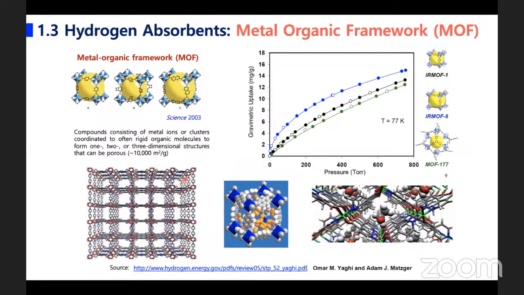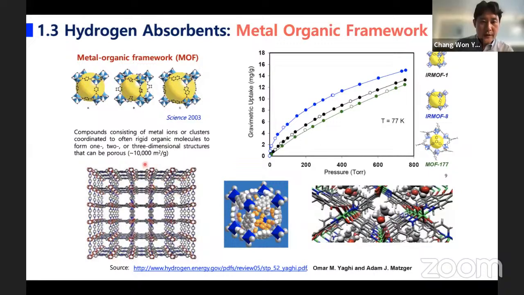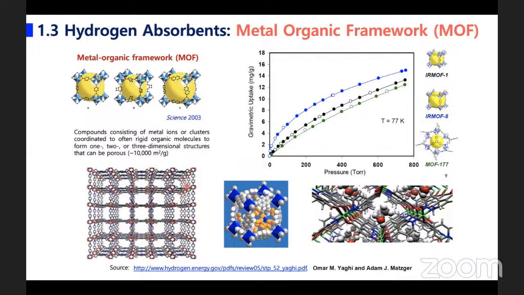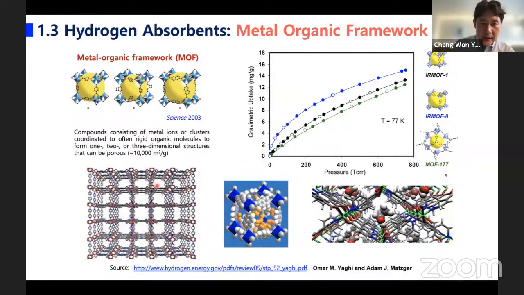So using this large surface area and these pores, we can store hydrogen inside under liquid nitrogen temperature of 77 Kelvin. Okay, that's the basic concept.